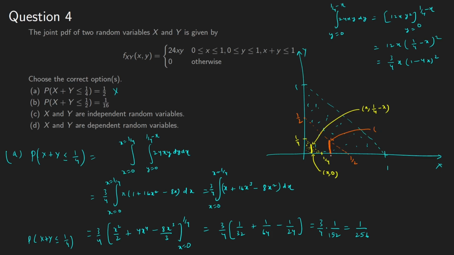So here we can consider this as (x, 0), the y coordinate is 0, and this will be (x, 1/2 minus x). So you would have understood that first we will integrate along the strip and then from x equals 0 to x equals 1/2.